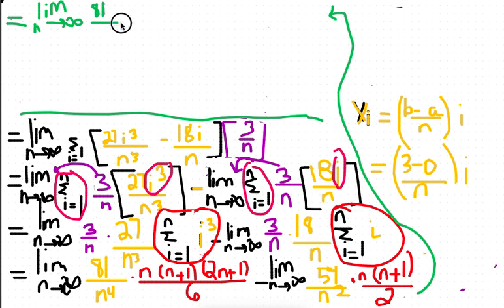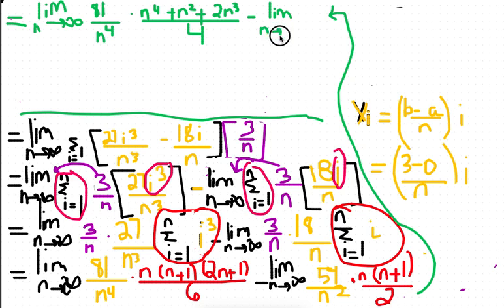You're going to end up with 81 over n to the 4 times n to the 4 plus n squared plus 2n cubed all over 4 minus the limit as n approaches infinity of 54 over n squared times n squared plus n divided by 2.